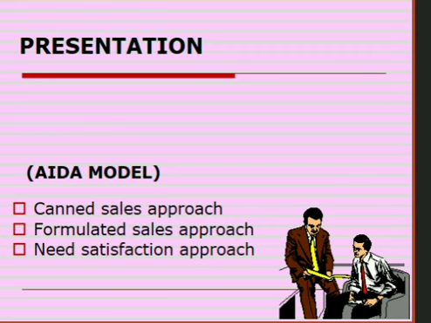An effective sales presentation can be made based on the AIDA model: A for attention, I for interest, D for desire, and A for action. A salesperson may adopt some other approaches also.